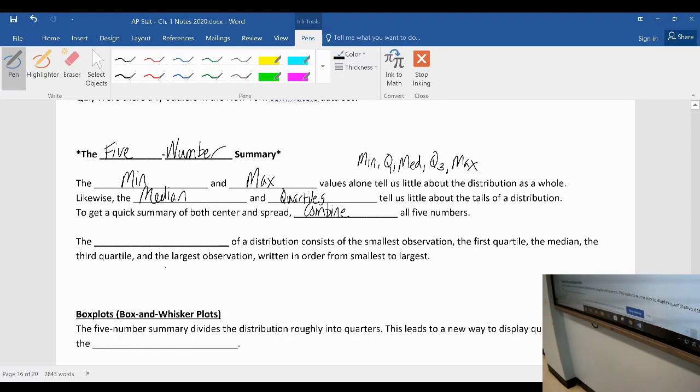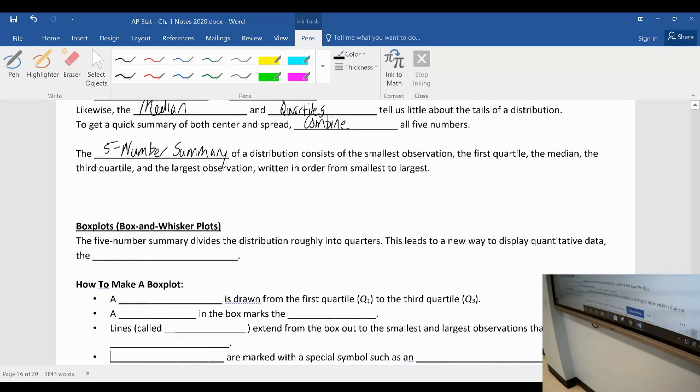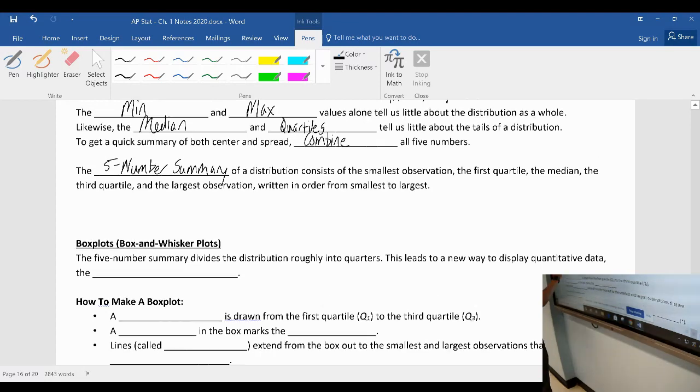The 5-number summary, like we just said, consists of those 5 values. One way that we can use to describe a 5-number summary is a box plot, which I'm sure many of you have seen before, a box and whisker plot. Okay, same thing.